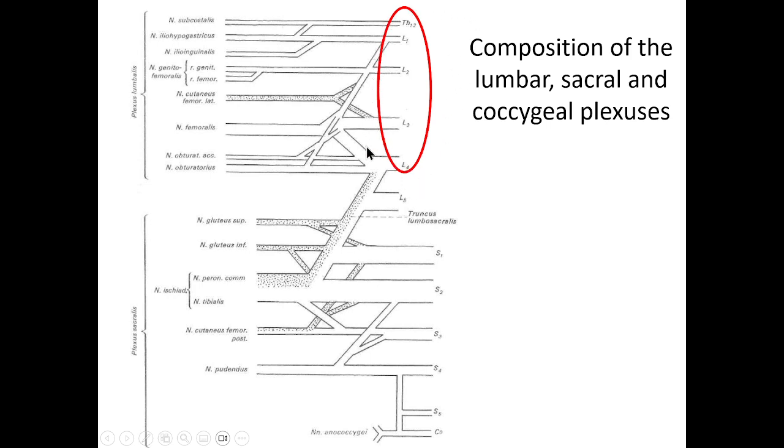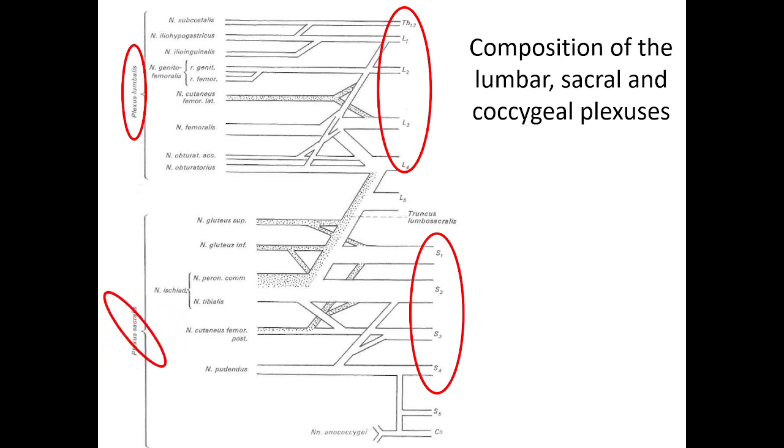All these spinal nerves form the plexus lumbalis. It's written here. And here, from sacral 1 till sacral 4, plexus sacralis.